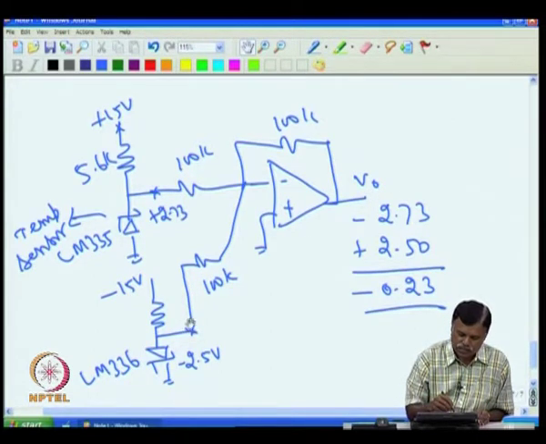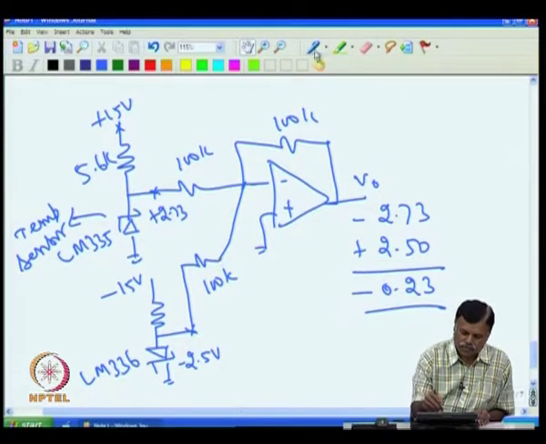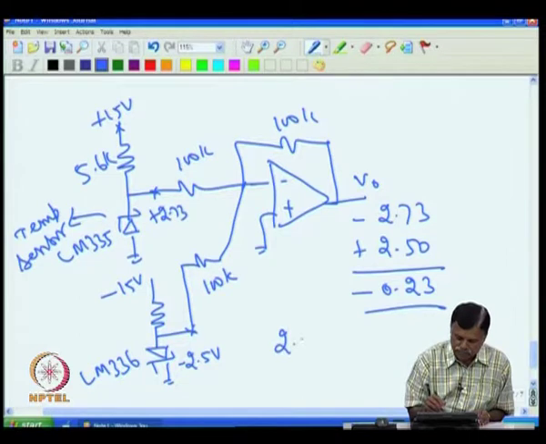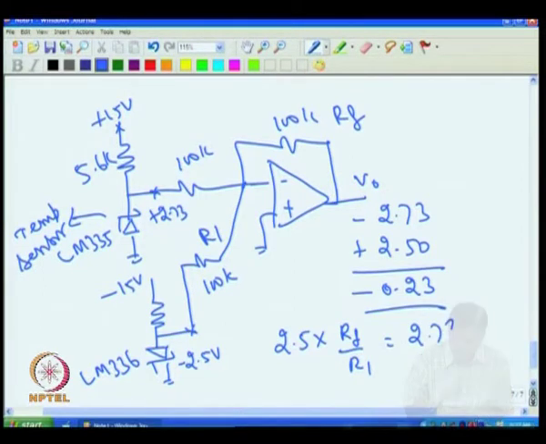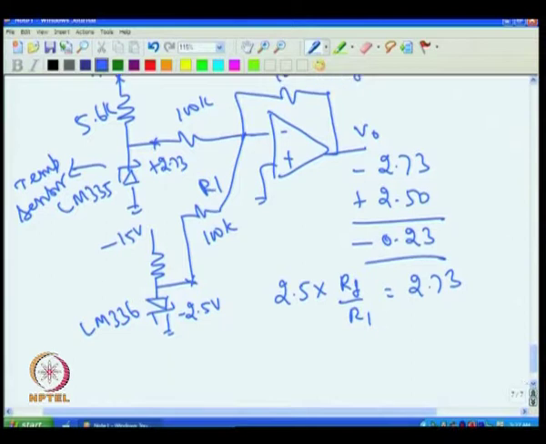So, I have to reduce this resistance from 100 K. How much should I reduce it? What is required is that the voltage of this 2.5 into RF by R1 should give me 2.73. Now, if I take this RF as 100 K, then 2.5 into 100 K divided by R1 has to give me 2.73 volt.